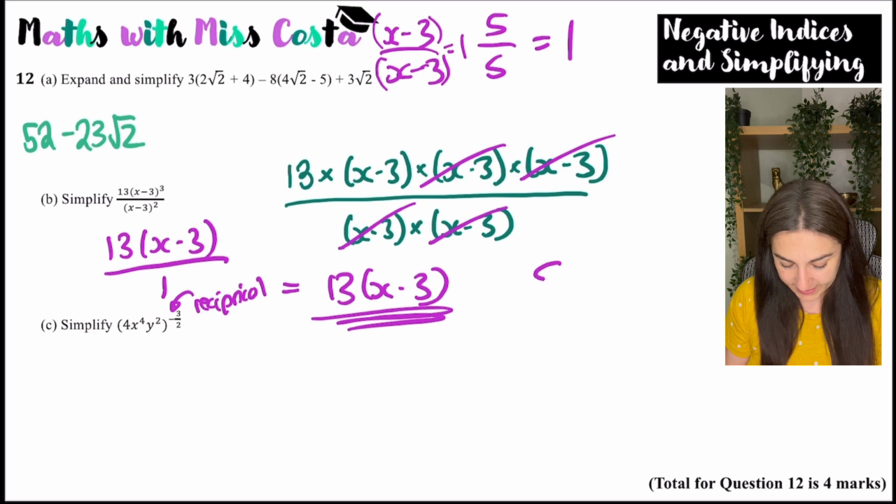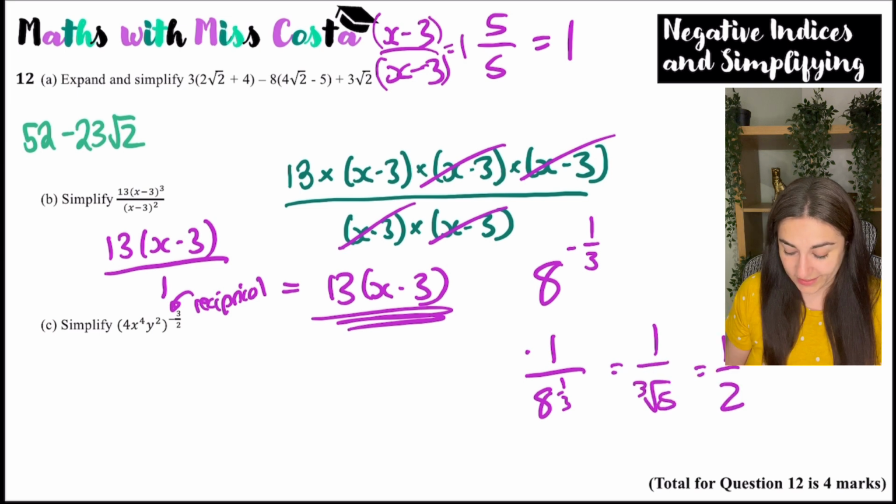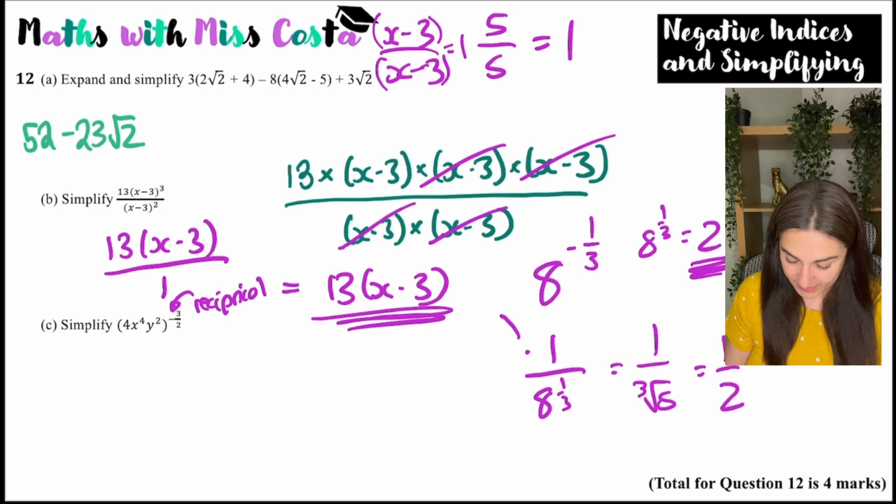So like, for instance, 8 to the power of minus a half or minus a third, that would be 1 over 8 to the power of a third, which is 1 over the cubed root of 8, which is 1 over 2. So if you had worked out 8 to the power of a third, which is 2, at the end, instead of doing this, you could have just flipped it.